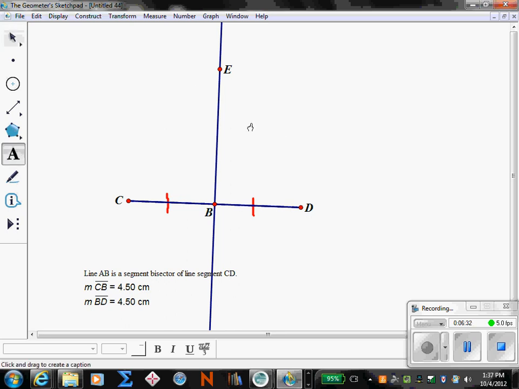So in your notes we want to write that line EB is a perpendicular bisector of line segment CD.